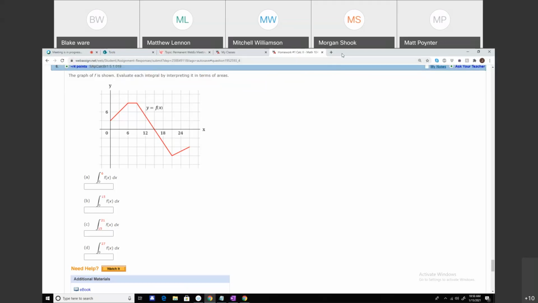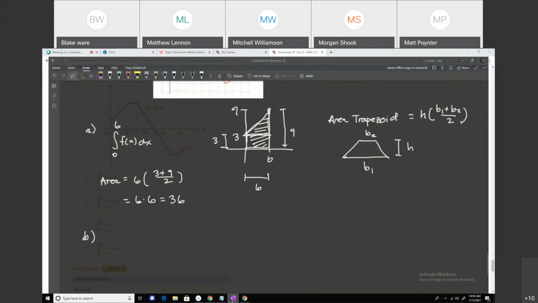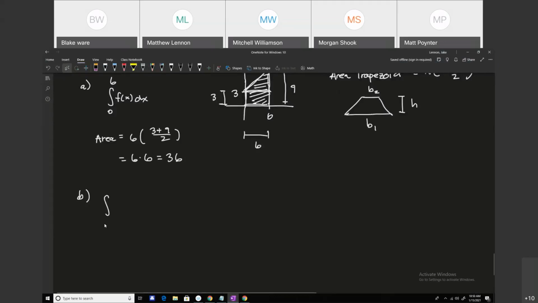So let's see what shape this is, 0 to 15. In this case, we're all the way out to 15. We've got our 3. We know we go up to 9 at some point.